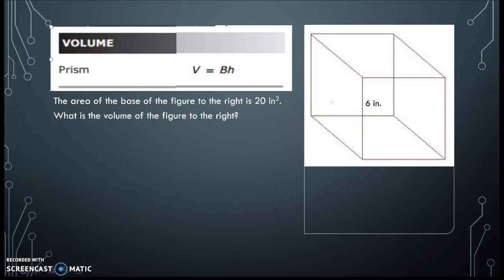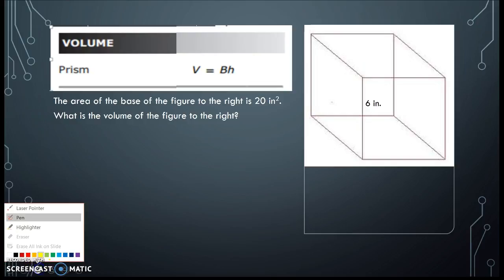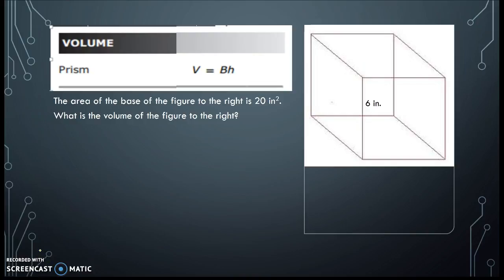Okay, so let's take a look at the next problem. So the next problem says the area of the base in the figure to the right is 20 inches squared. What is the volume of the figure? So it's saying it's 20 inches squared. So that's telling us that the area of the base, okay, and again, we're doing volume of a prism.